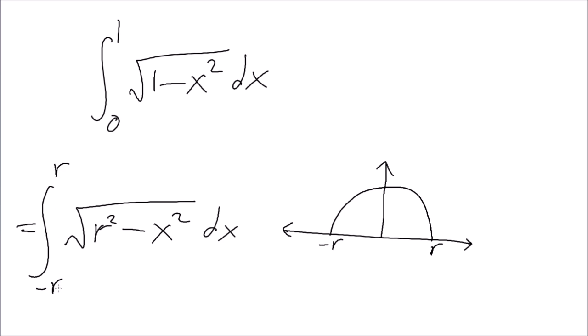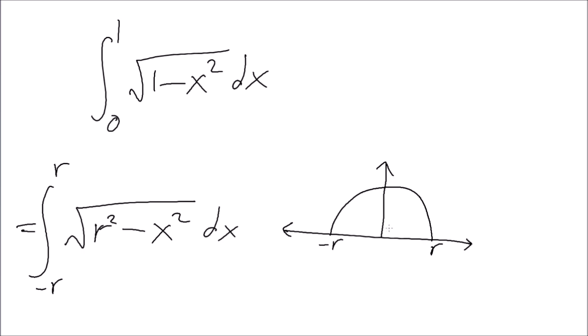I'm sorry, it doesn't have to be exactly negative r to r. As long as the bounds have radius numbers, then you're good. But you'll see what I mean in further detail.